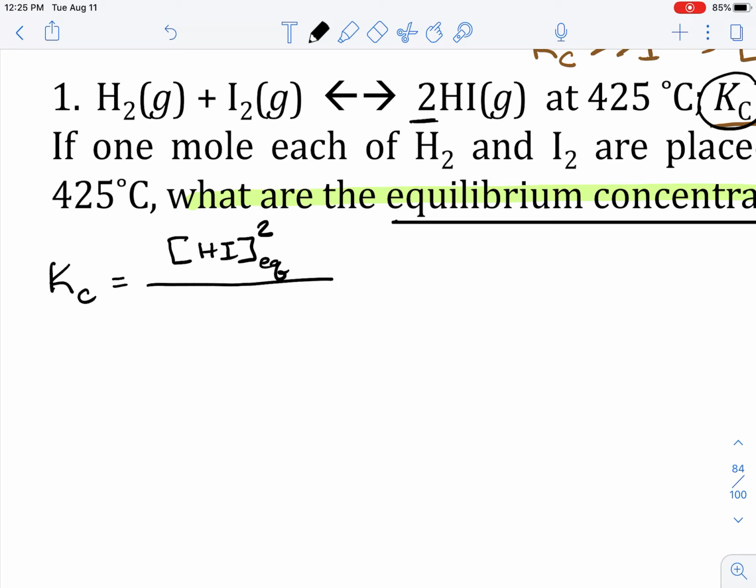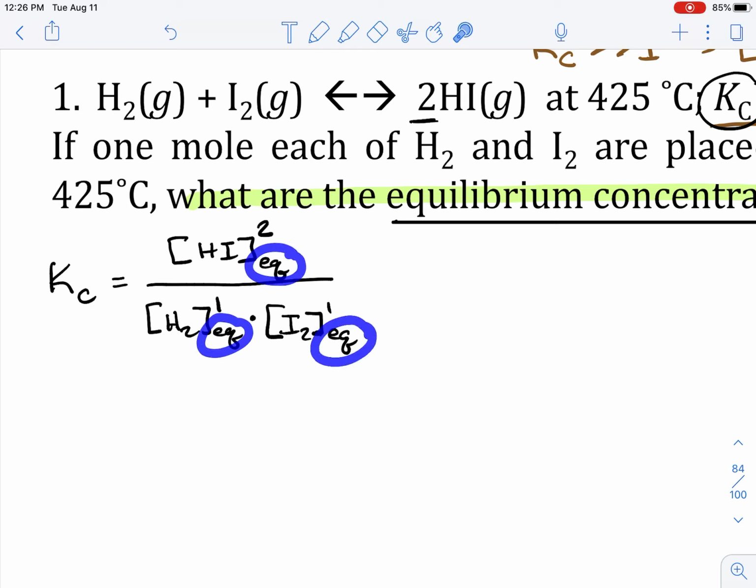And then I'm going to divide this by the concentration of H2 gas at equilibrium raised to the first power times the concentration of I2 gas raised to the first power as well. Okay. So whenever you guys are using the equilibrium constant, that means all of these concentrations must be at equilibrium.